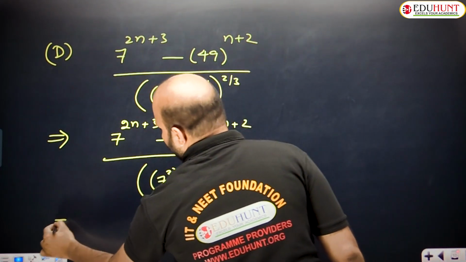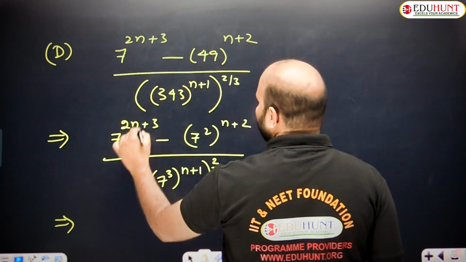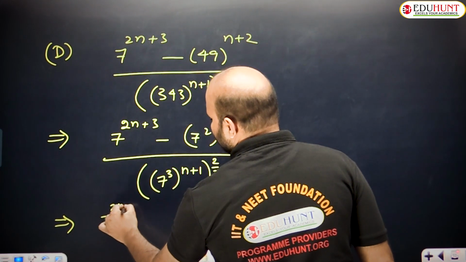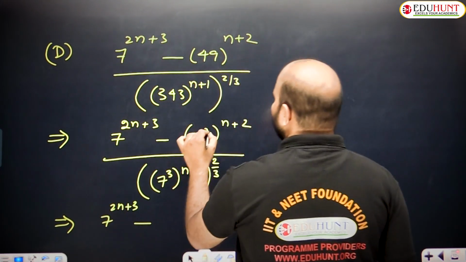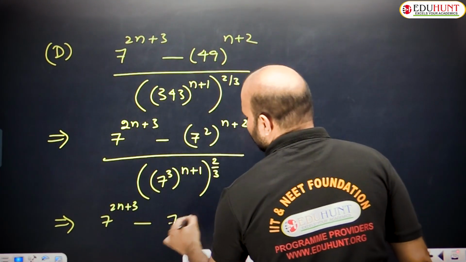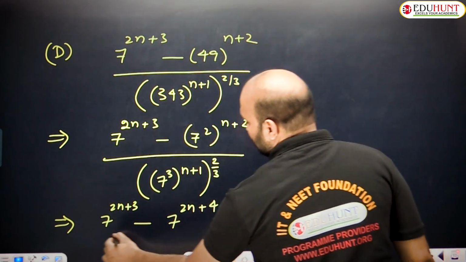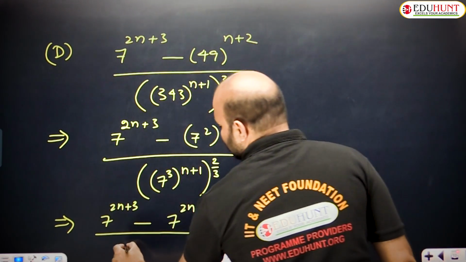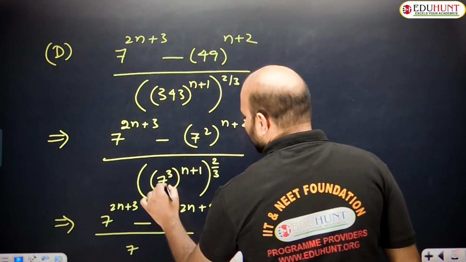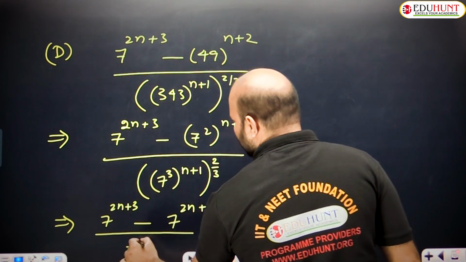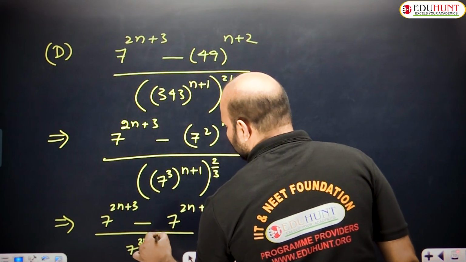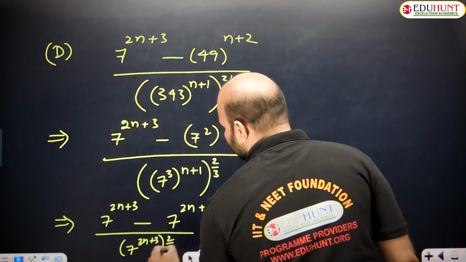Using a power m whole power n equals a power m into n: 2 into n, 2n plus 2 into 2, 4, and 7 power 3n plus 3, whole power 2 by 3.